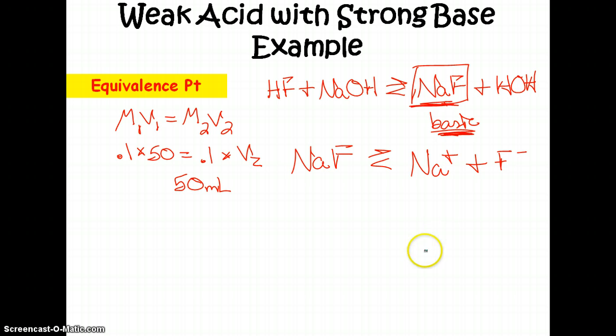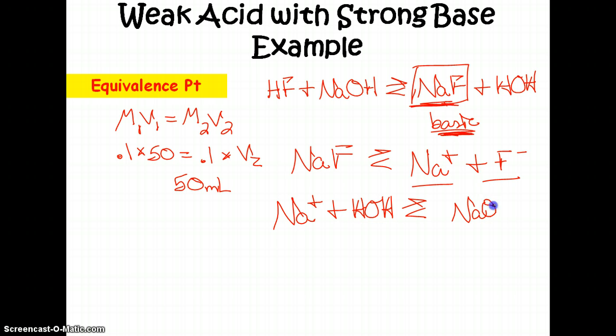So if you were confused, you could just react both of these with water. So you have Na plus with water, and that's going to give you NaOH and H plus. So this is the acidic form, not the one we want. So that tells us that the F minus is what we really need.